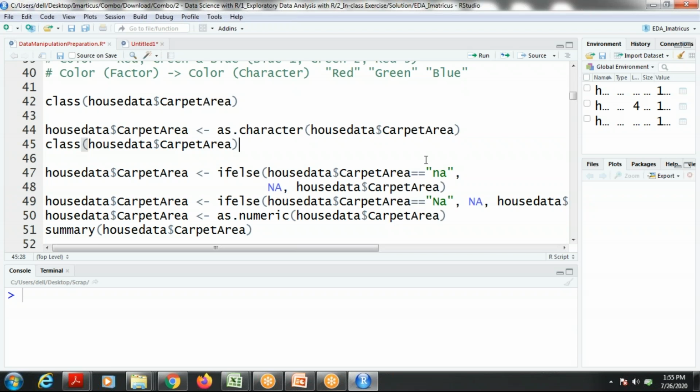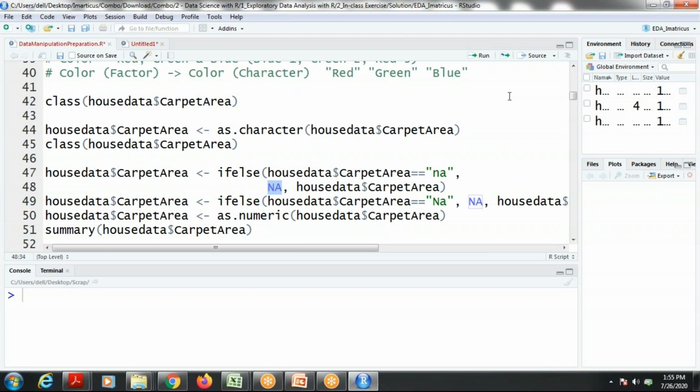Now I am writing a condition with if else: if the carpet area is, be careful, it's double equal to, so I'm saying if carpet area is NA written like that way, then convert that into NA.